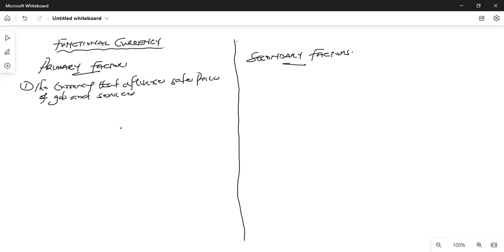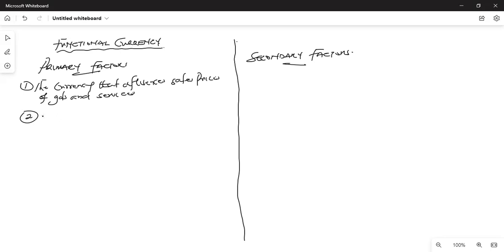And number two, we have the currency of the country whose competitive forces and regulations mainly determine these selling prices that we are talking about.